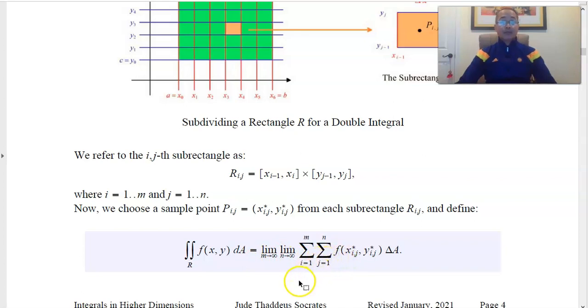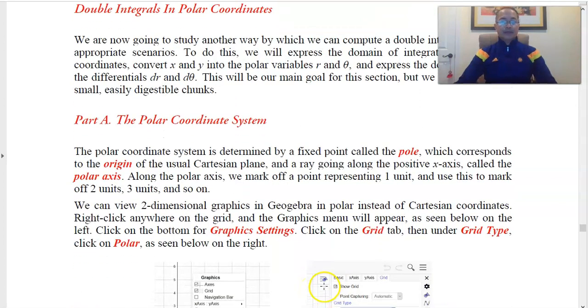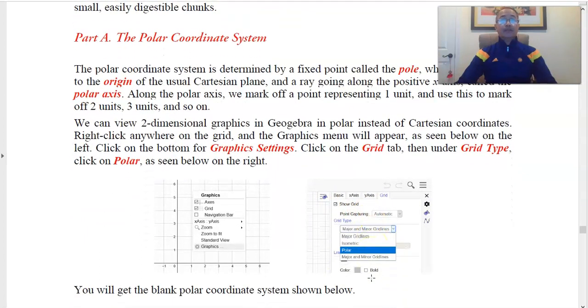So that was one of the things that we saw yesterday in our last video, where we saw domains which are described as polar rectangles, where r is between a and b, and theta is between alpha and beta. So let's review that. Let's go back to what we did in our last video, where we introduced polar coordinates. Okay, so we talked about the polar coordinate system.